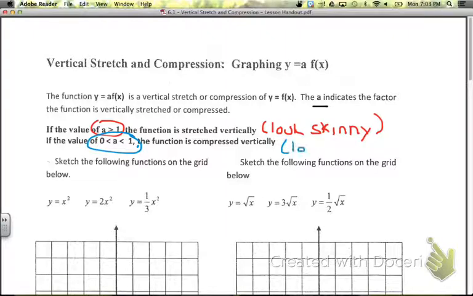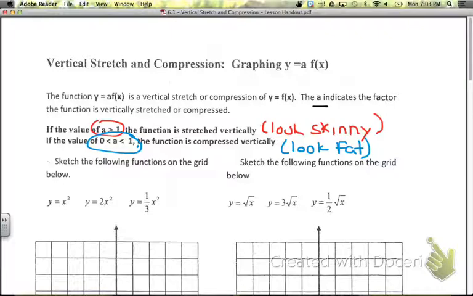And visually that's going to look fat. So when we're graphing these types of functions, we need to make sure that we're looking to see if our value is greater than 1, or if it's a fraction, okay? Because if it's between 0 and 1, we know therefore it will be a fraction.